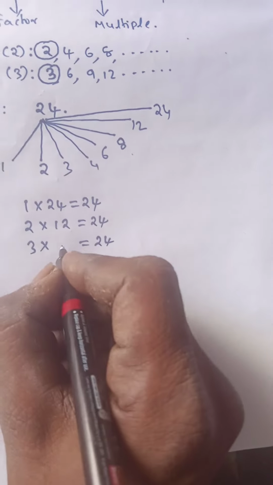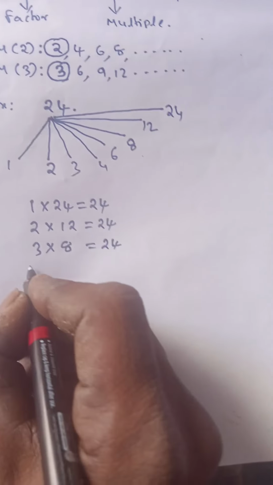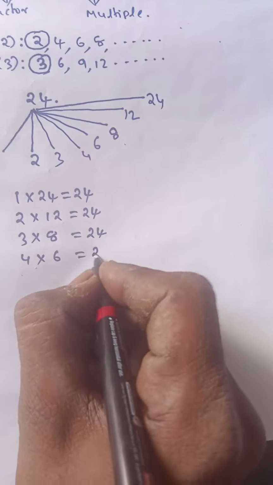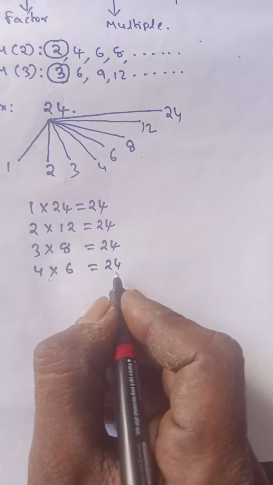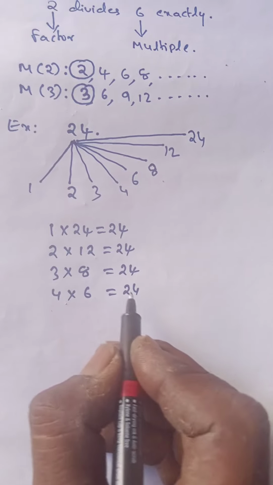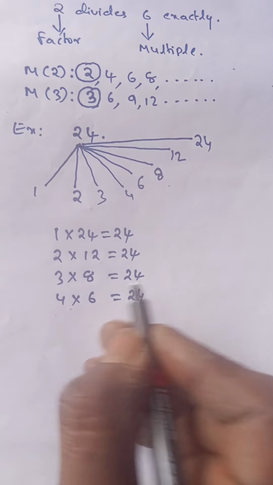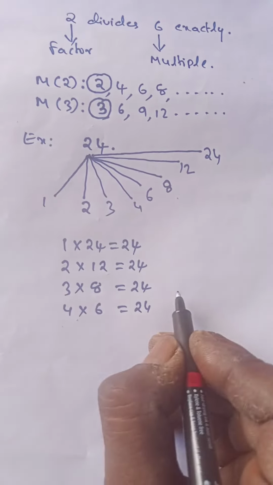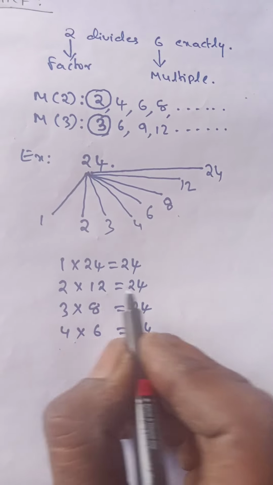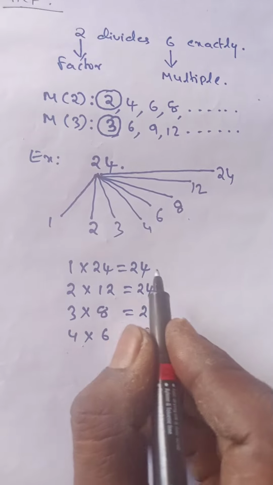We need to search for it. 3 8s are 24, and in the 4 table 4 6s are 24. In the 5 table it is not divisible. In the 6 table again it comes, 6 4s are 24. In the 7 table it is not divisible. But in the 8 table, 8 3s are 24, like this conversely. And finally 12 2s are 24 and 24 1s are 24.